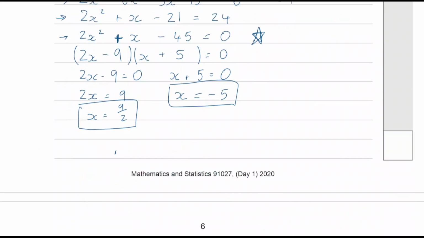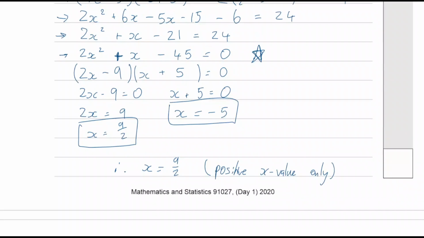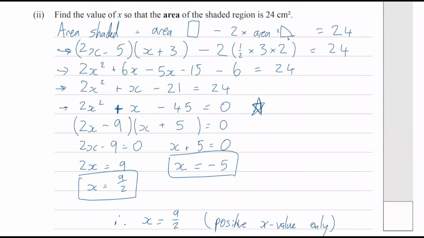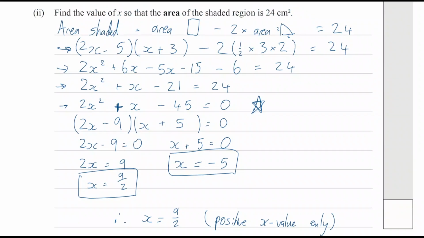So we say therefore x equals 9 over 2, positive x value only. Right, we've ignored the negative solution because it doesn't make sense. And we need to do that for excellence, which I know you can get. Keep up the good work.